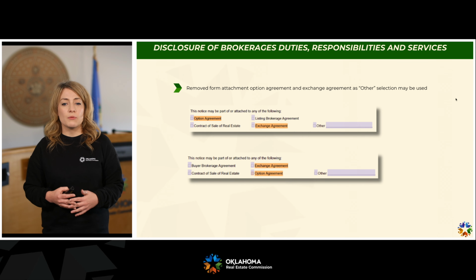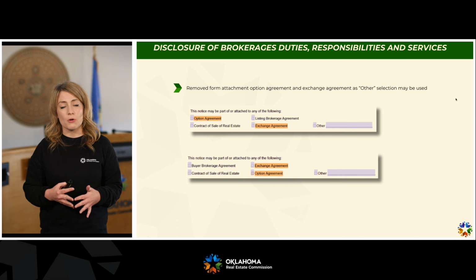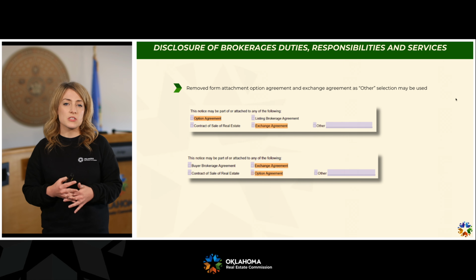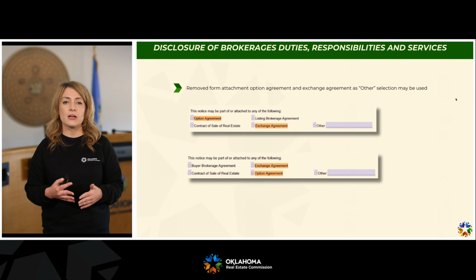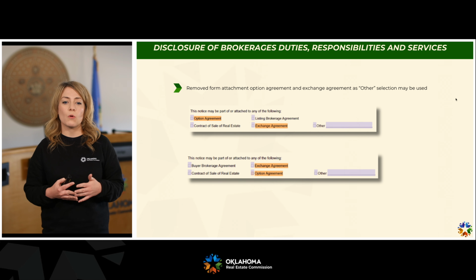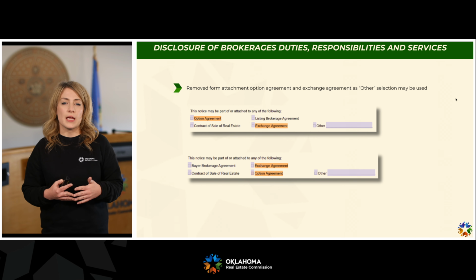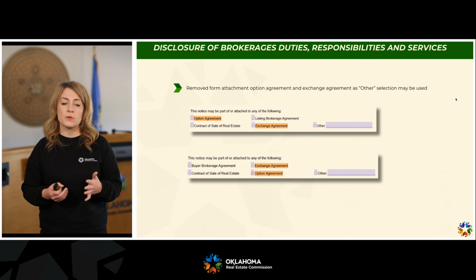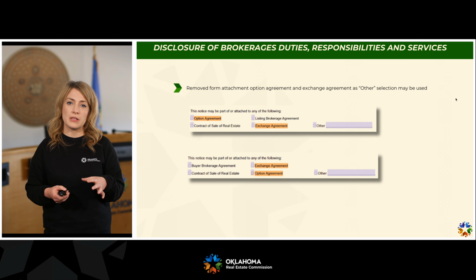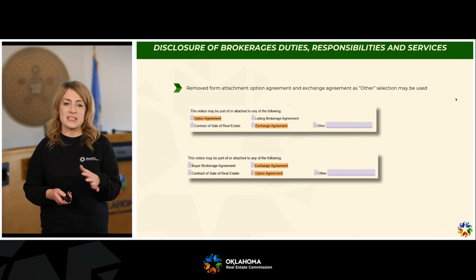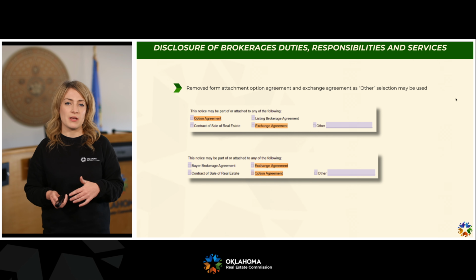And then we have three disclosure of broker duties, responsibilities, and services forms. We have one for just a buyer, one for a seller, and one for a landlord or tenant. And on the buyer and seller, we consolidated some of the options. You can see here option agreement and exchange agreement.